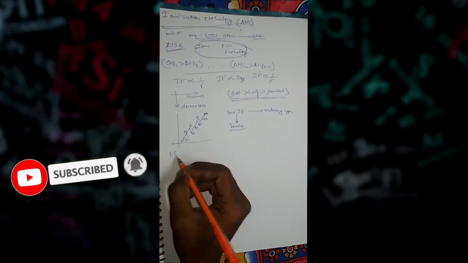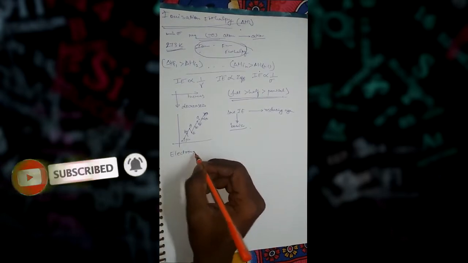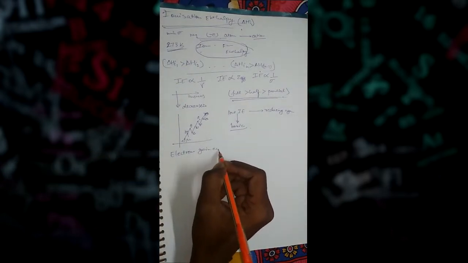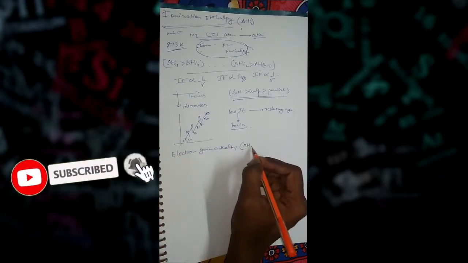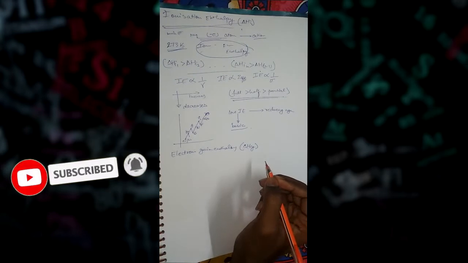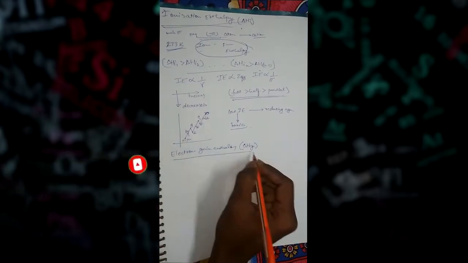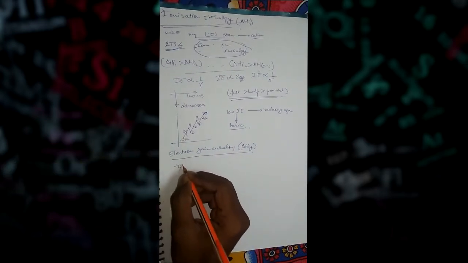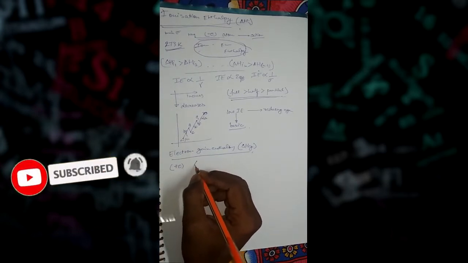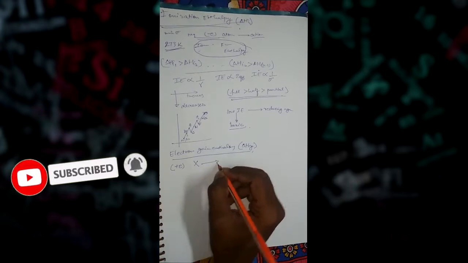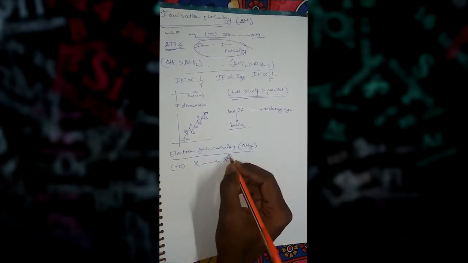Now let's talk about electron gain enthalpy. It is denoted by delta HEG. This is to add an electron into a neutral atom and turn it into a negatively charged ion.